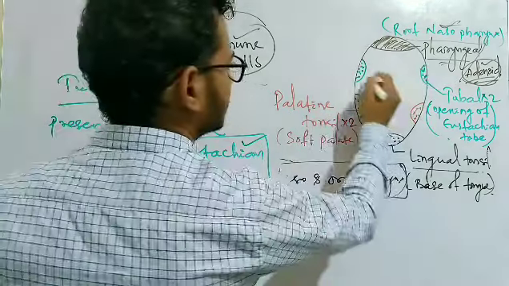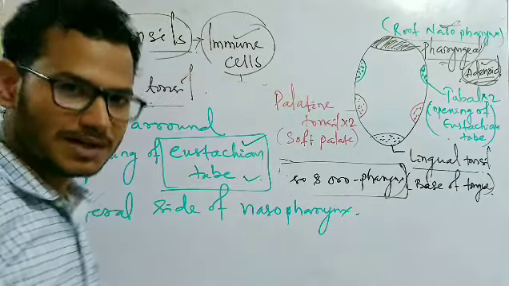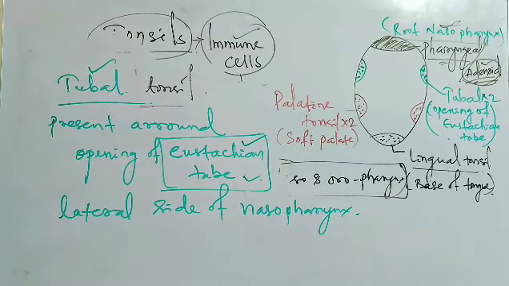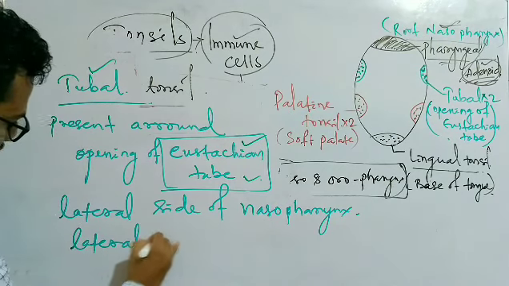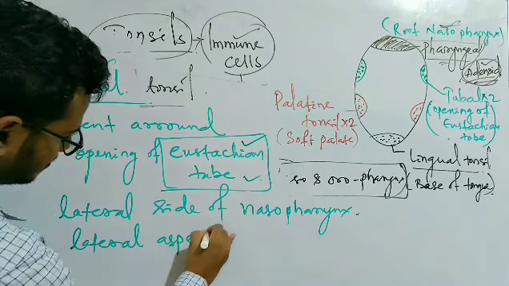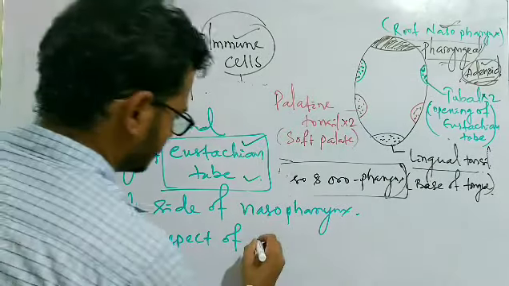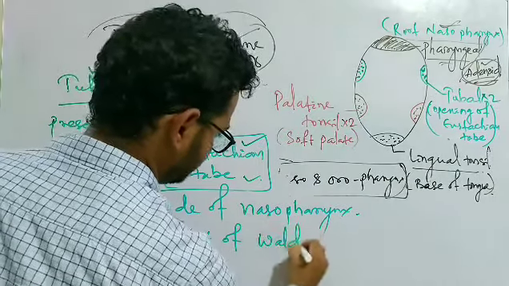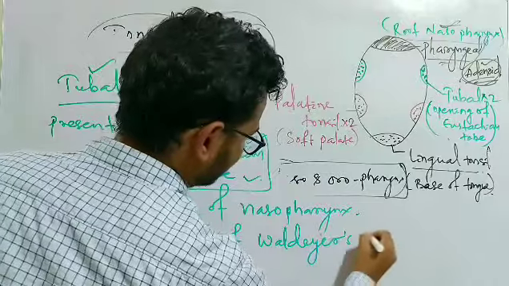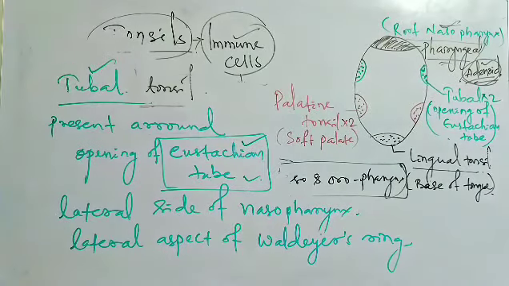In Waldeyer's ring, the tubal tonsil is present laterally, and it is covered by ciliated pseudostratified epithelium.